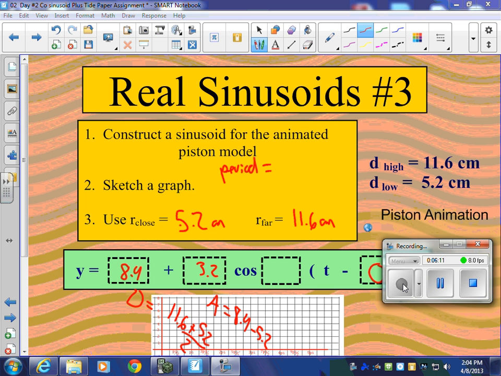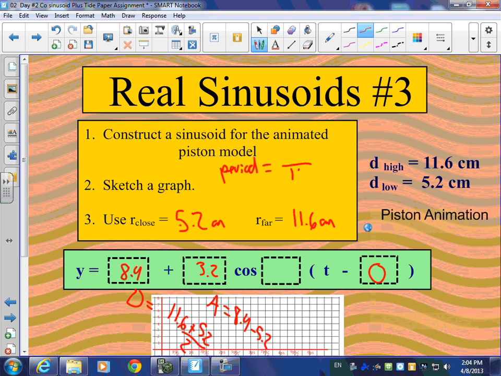So we had the period for 10 cycles was 4 point what? Did she say? 4.3. So that's just going to be 0.43 seconds. So the cosine 2 pi over 0.43, that'll give us that nice little cosine curve.